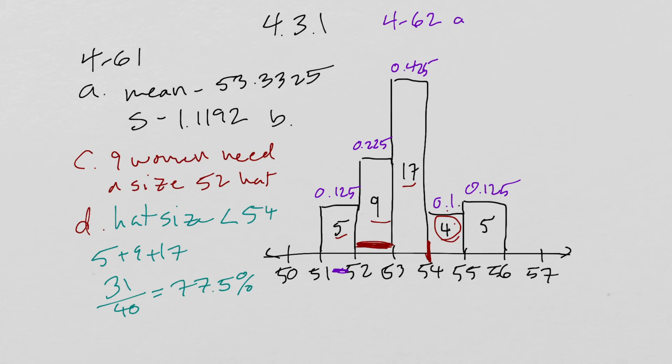Then part C from 4-62. It's asking: relative frequency histograms make percentages easier to visualize. Use the histogram to compute the percentage of hats in the sample between size 52 and 55.